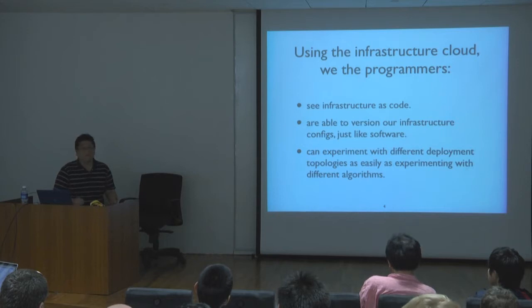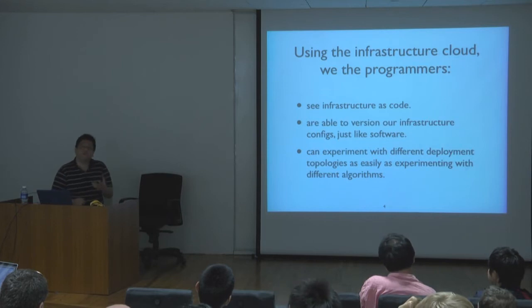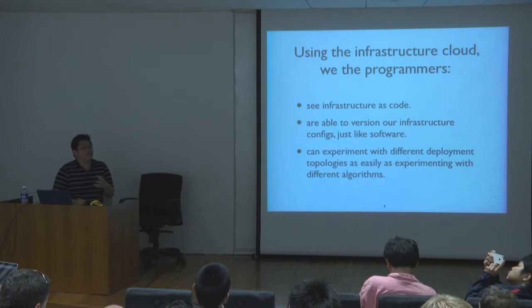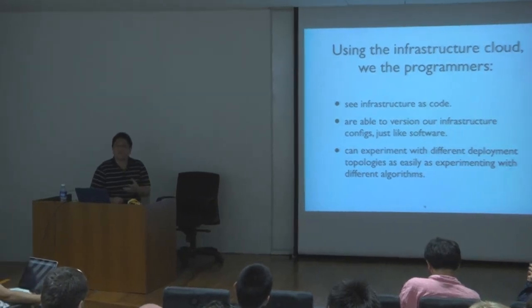And also, as the needs of our application grow, we want to be able to experiment with new technologies. How do we scale? How do we add things? And being able to define this infrastructure in software, in a template, allows you to do this quickly.